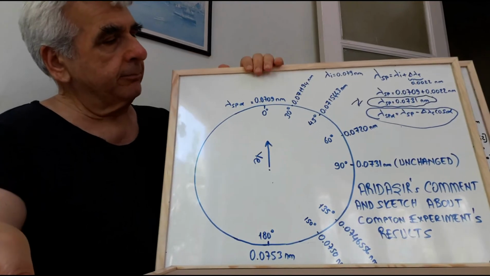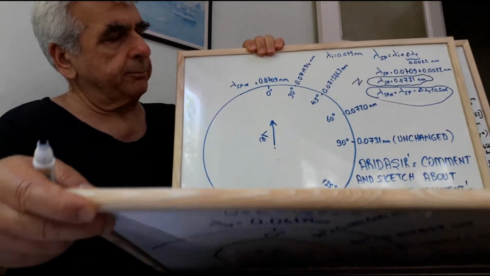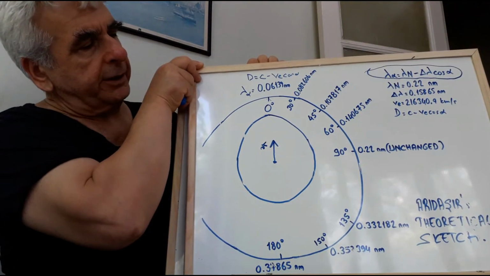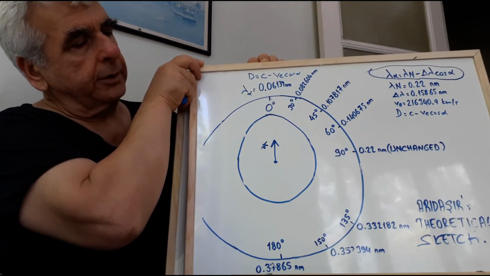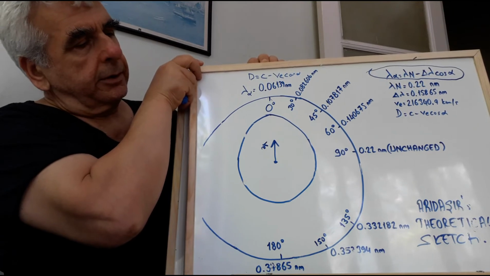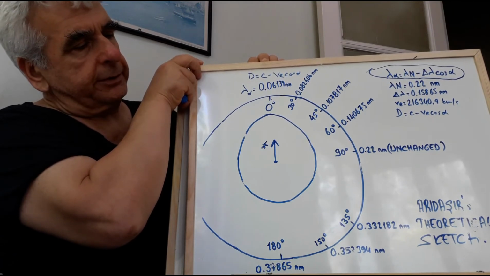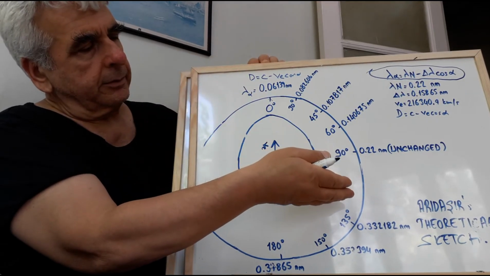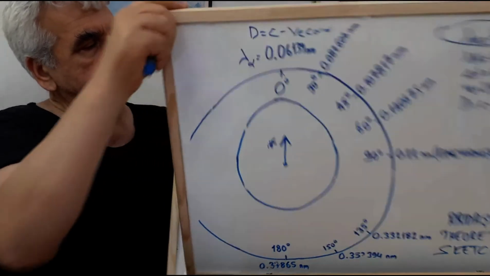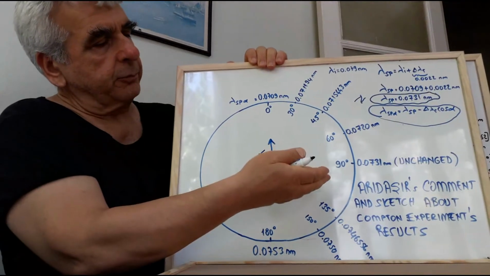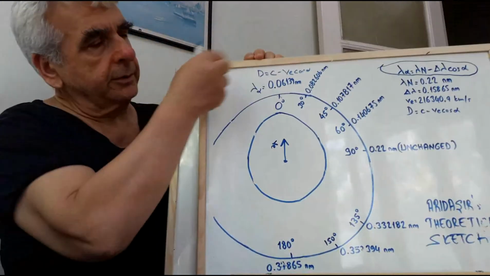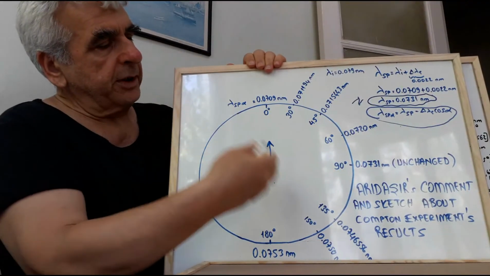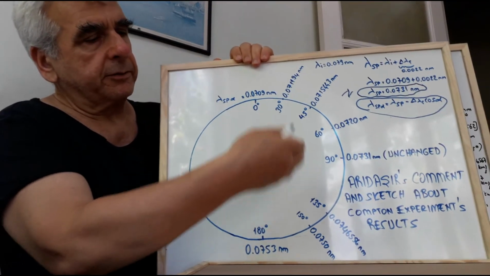Now, please compare. This is the fact that I put forth according to my theory and my formulas. This is reality, and this is the projection of this reality onto the measured Compton experiment results.